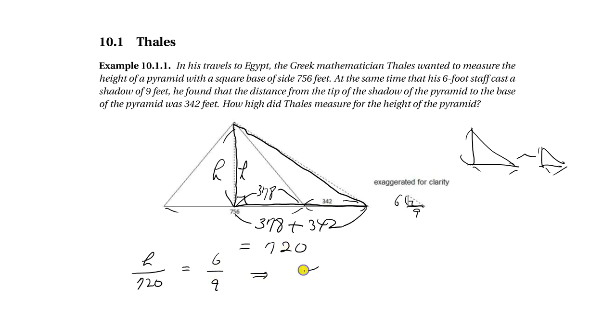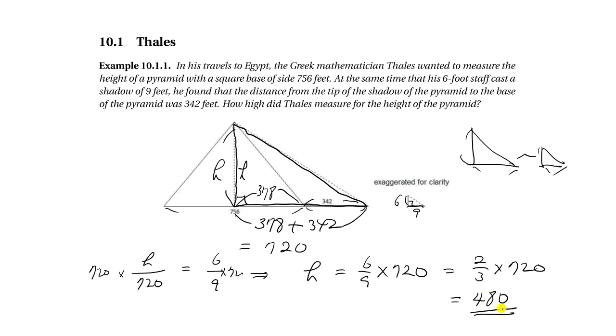Then from there, by cross multiplication, or simply multiplying 720 on both sides, h must be 6 ninths times 720, or 2/3 times 720. So altogether, it should be 480. By this simple calculation and checking these same ratios, we can measure many cases which are difficult to measure otherwise.